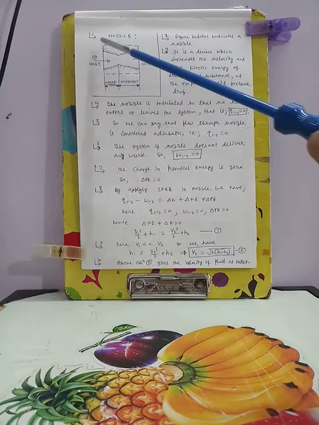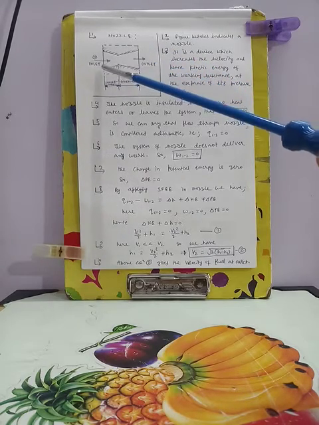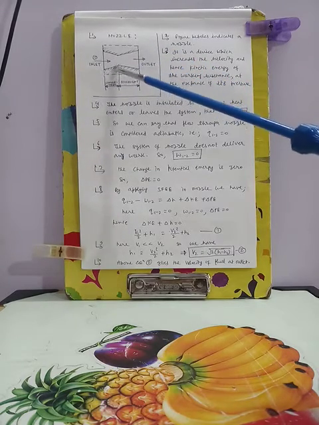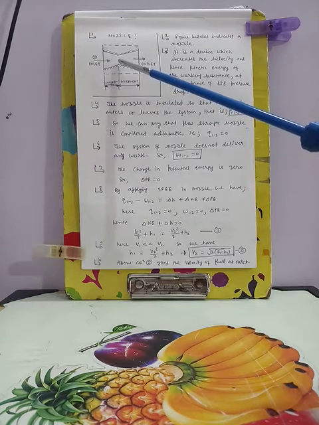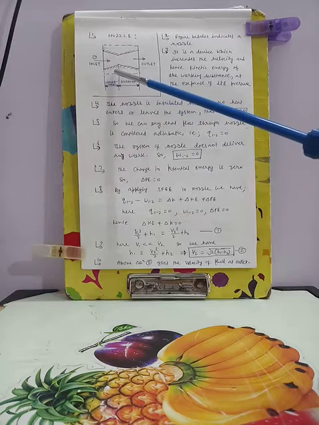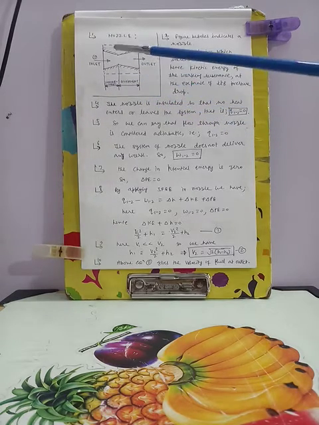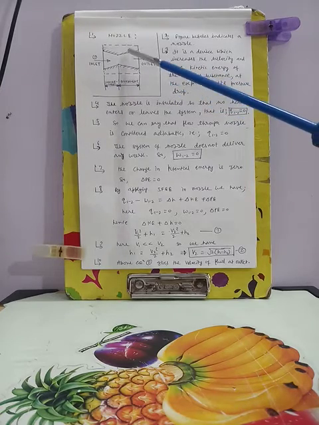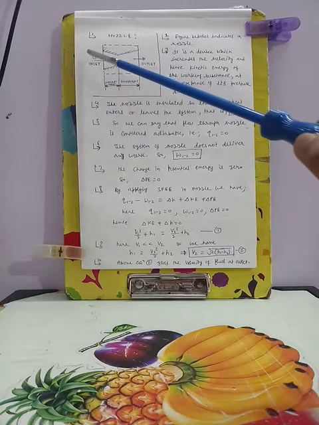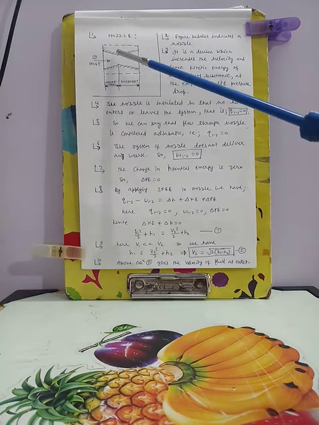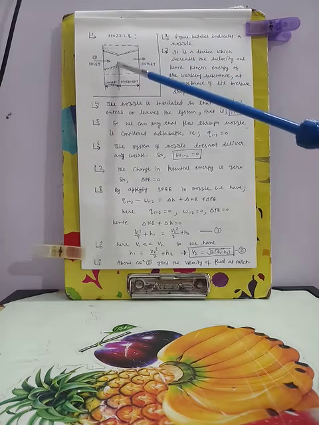This is the shape of the nozzle. Approximately half of the nozzle is in the shape of convergent and the rest is divergent. Here the diameter is decreasing along the flow, and this is the minimum diameter of the nozzle.